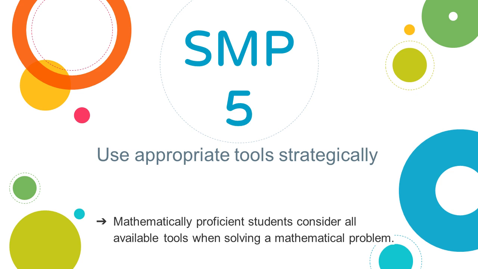It may also require that from time to time a particular tool is prescribed or proscribed until students develop a competency that would allow them to make sound decisions about which tool is best. Practice number 5 states, mathematically proficient students consider, then choose appropriate tools to solve a problem. Their choices could be paper and pencil.